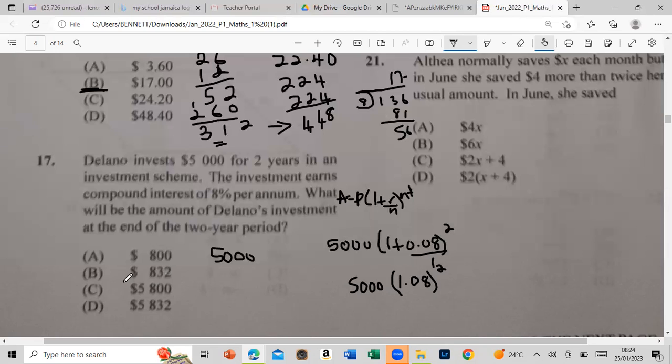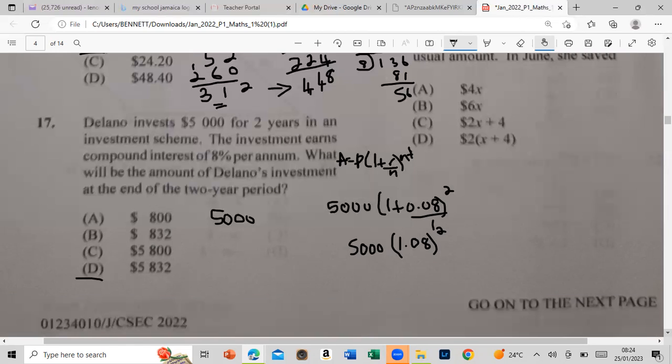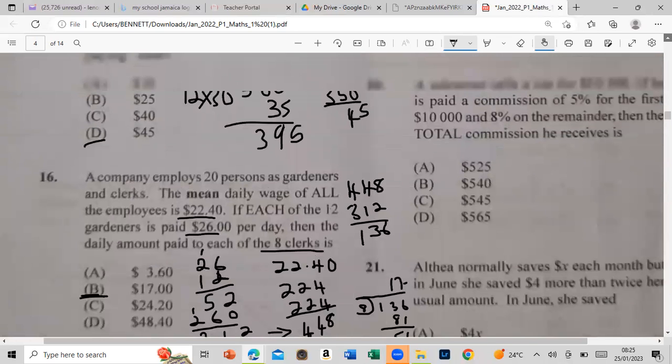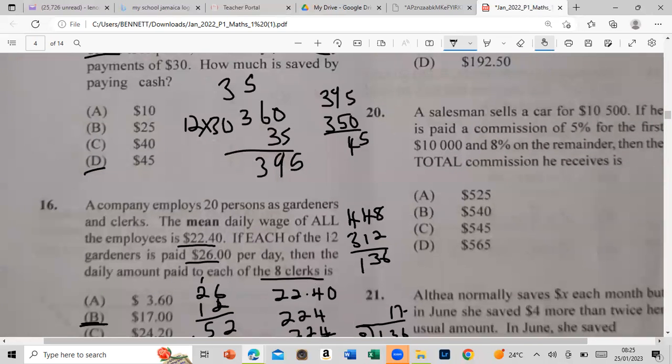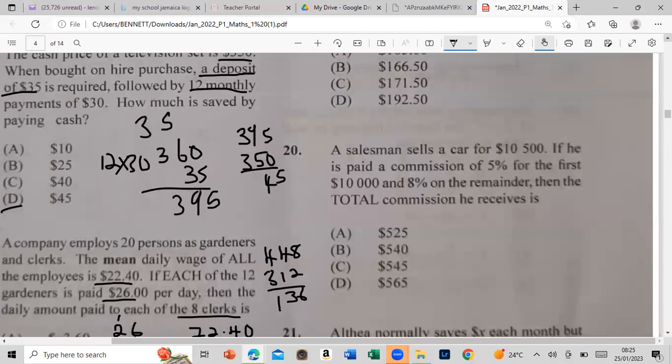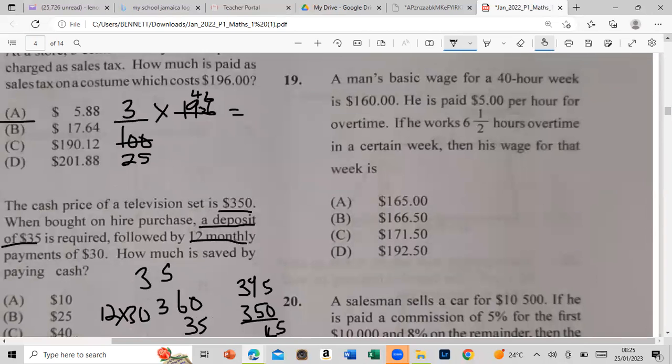So it's 5,832. Guys, I cannot do it by hand because I don't want the video to be too long. What I did, I squared this first and then multiplied by this. So it's 5,832, and as I said, forgive me, but I cheated. I used a calculator. I know you guys are not allowed, but in the interest of time, I'm just gonna do that. Alright?